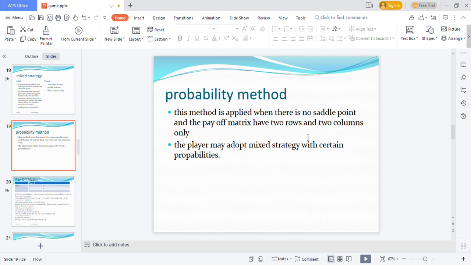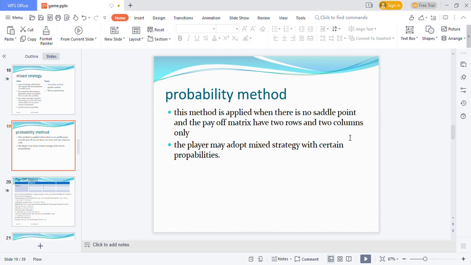This method is applied when there is no saddle point and the payoff matrix has only two rows and two columns. So these are the conditions that you must abide by when making use of the probability method. Number one, there is no saddle point in the payoff matrix.